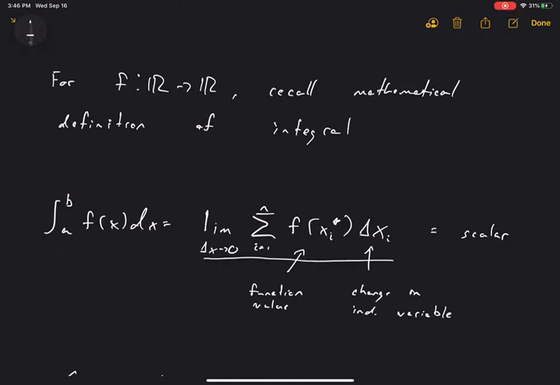Okay, so we have a sum that looks like this, and we take the limit as this delta x, this gap between our x's, gets smaller and smaller and smaller. And that's what the integral is. It's a way of computing an infinite sum.